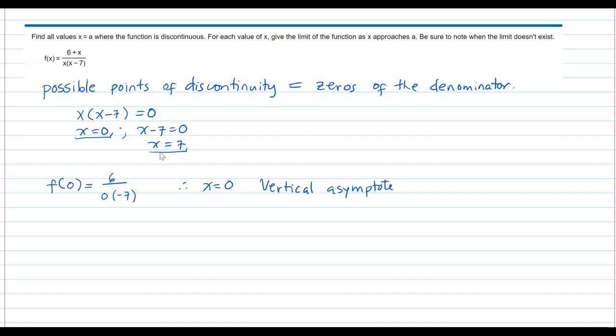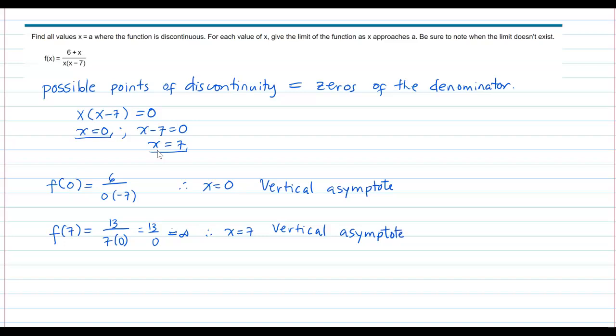And then similarly, if you have f at 7, you would get 13 over 7 times 0. So you would still have a 0 in the denominator, 13 over 0. That gives you infinity, right? So that means that at x equals 7, we have a vertical asymptote.